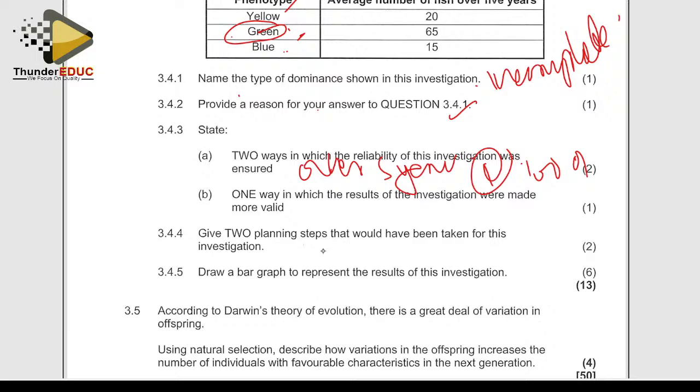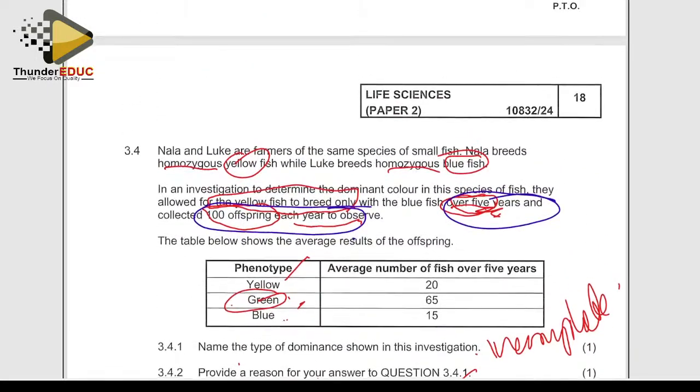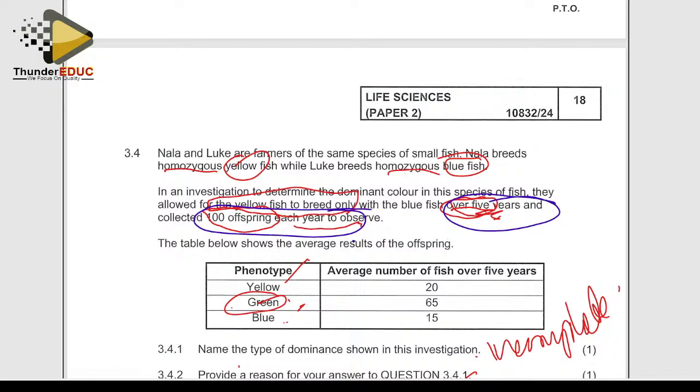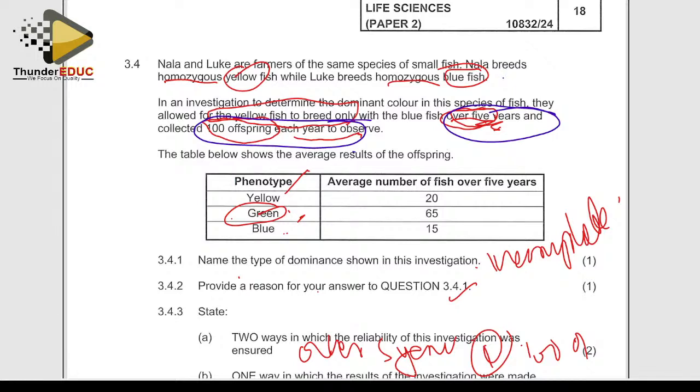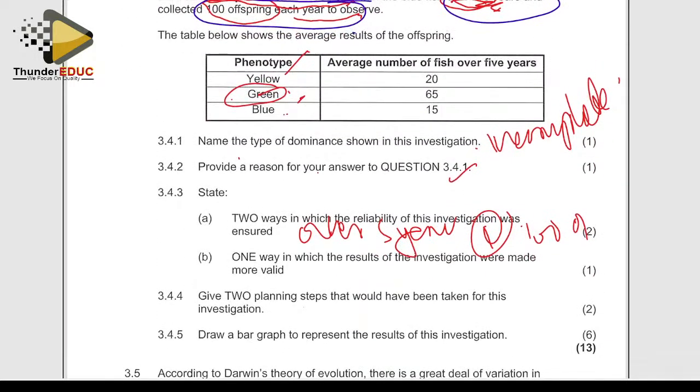So give two planning stages. In the planning stage, they had to identify the homozygous blue species and also the homozygous yellow. Then number two, where did they fish them? They had to prepare where these fish are going to be bred from, like maybe the pond. So how did they obtain them?